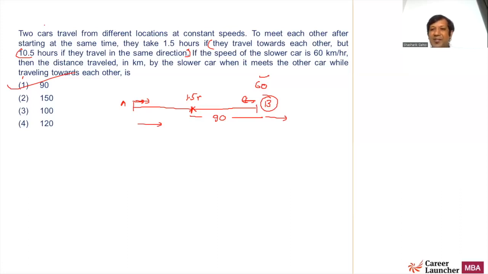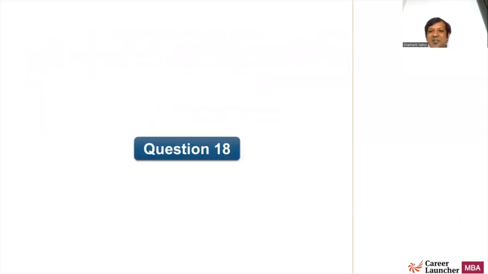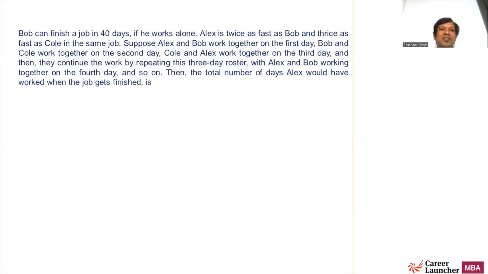Now let's start question number 18. Bob can finish a job in 40 days. Alex is twice as fast as Bob.